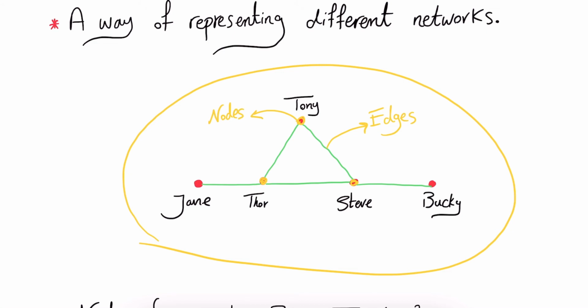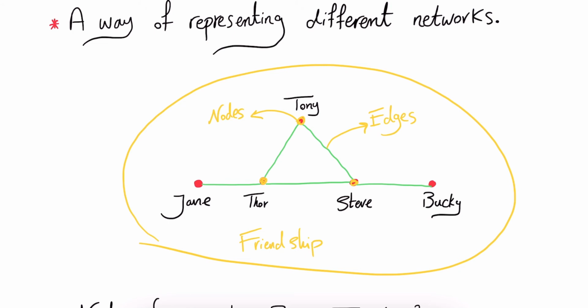And we're representing this specific friendship network with a simple graph. So basically, what we can infer from this graph is that Tony and Thor are friends, Tony and Steve are friends, Thor and Steve are friends, Thor is also friends with Jane, and Steve is friends with Bucky.